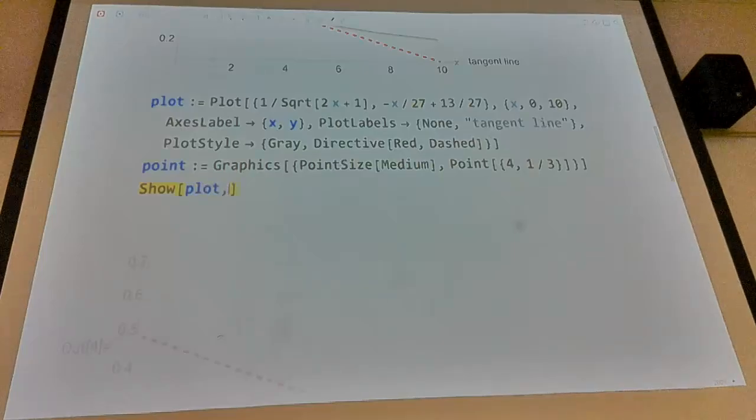Show command. Now you have to be careful with the show command, because it does give priority to what comes first. So the order in which you put the show in determines its priority. This plot takes priority. Then second in the priority list would be the point if there was a third one, right? Then obviously the point would be higher priority than what came after it.